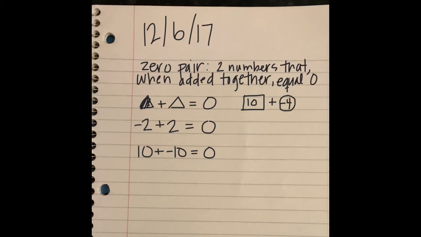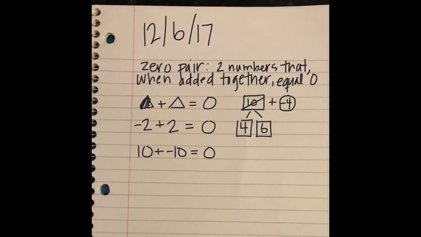Okay. So the way that we're going to approach these problems within our equations is we're going to say, all right, we know that zero pairs cancel each other out and make 0. So if we're adding +10 and -4, we can actually decompose our 10 and make it into two numbers, +4 and +6.